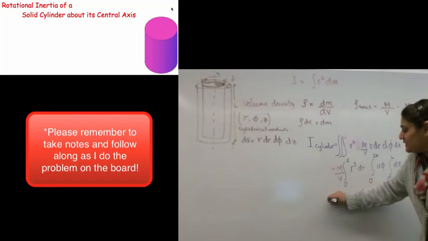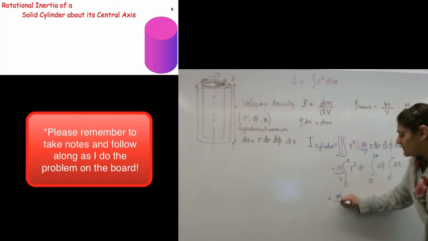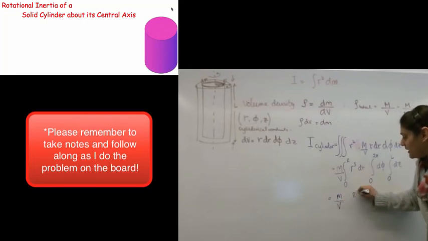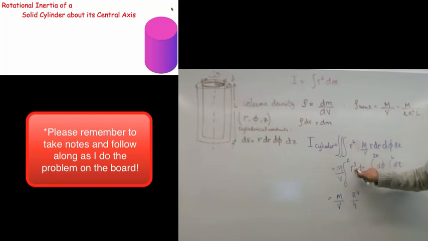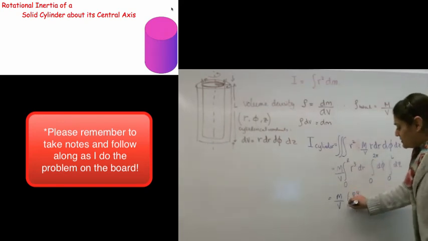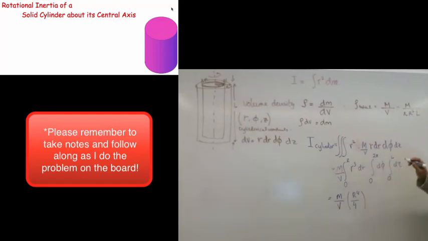Okay? So this is going to be m over V times R to the fourth over 4. What I've done is taken the integration, which gives me R to the fourth over 4, and put in the values. I'm not going to do the 2 steps anymore, and I want you to be able to fill these in. Same thing here, it is going to be 2 pi, and same thing here, it's going to be L. So once I have all of that, I can plug in the V from here.